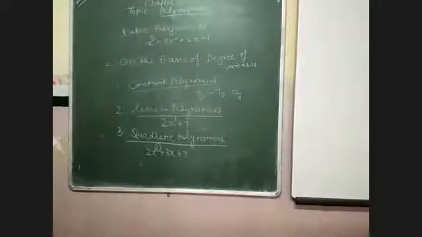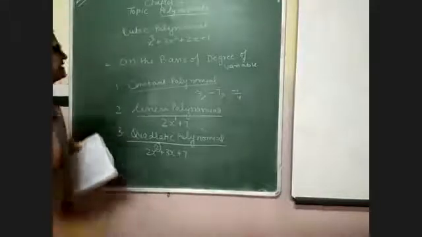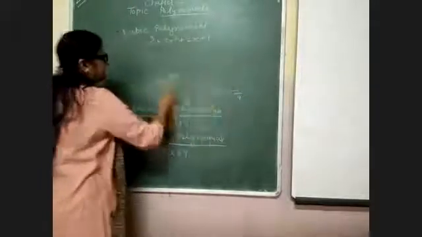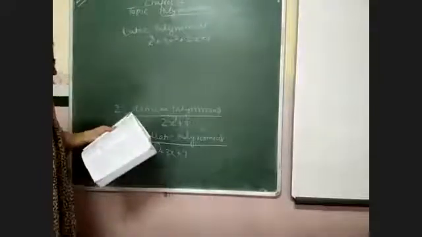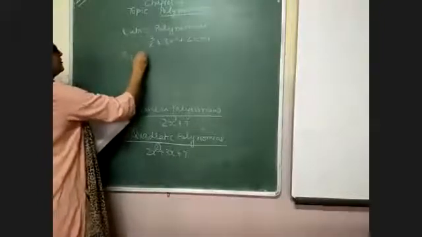Okay. So degree-wise, polynomials are of 4 types. Number 1, constant polynomial. Number 2, linear polynomial. Number 3, quadratic polynomial. And number 4 is cubic polynomial. Okay. Next one is biquadratic polynomial.